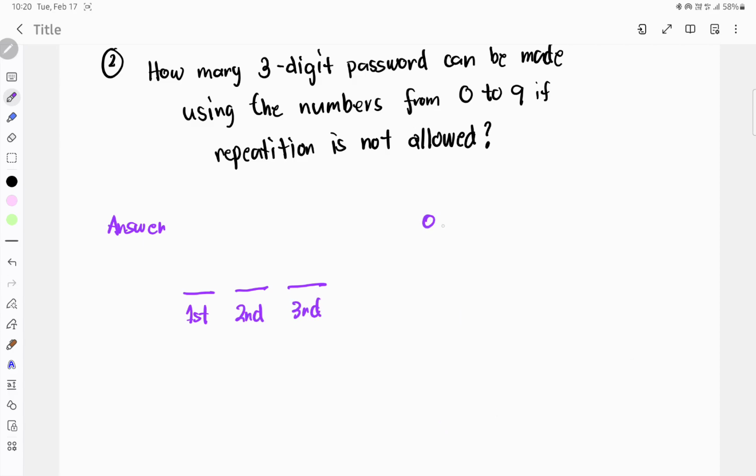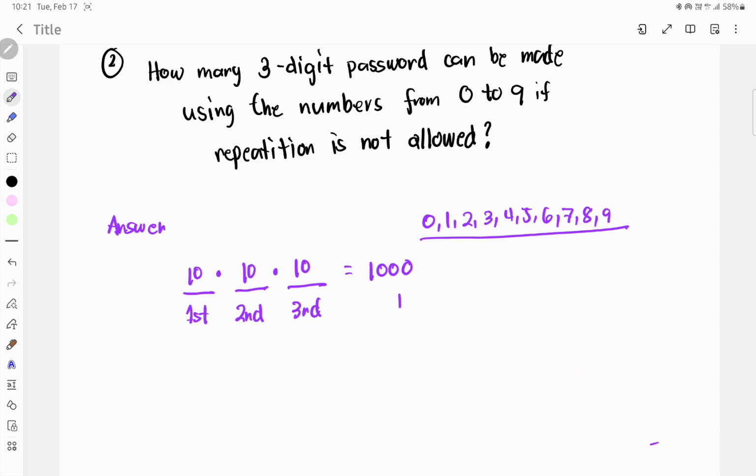Your selection is from 0, 1, 2, 3, 4, 5, 6, 7, 8, and 9. When you count this, it is 10 for the first digit, another 10 for the second digit, and 10 for the third digit. So there are 1,000 password combinations that you can create.